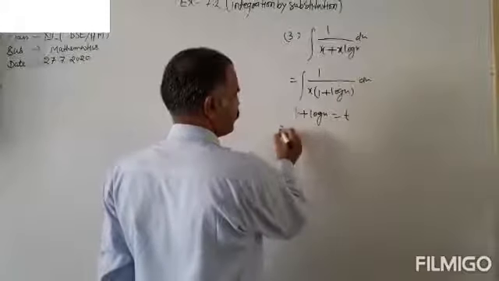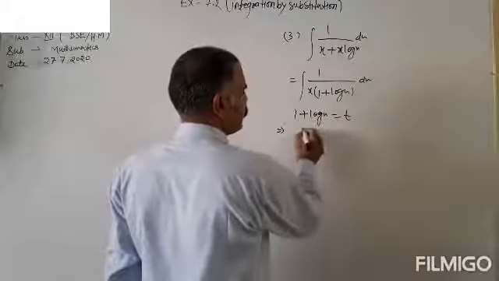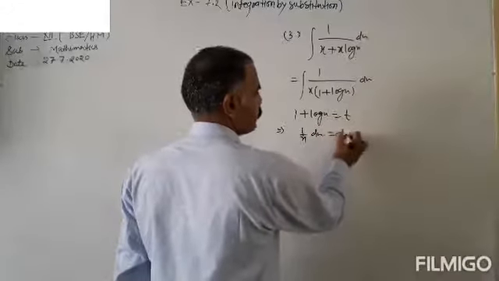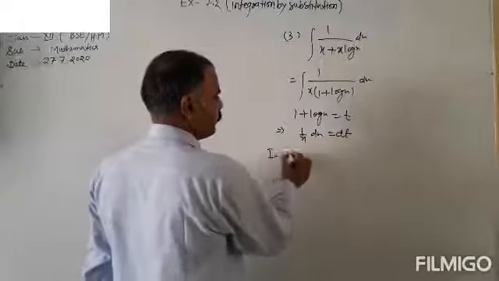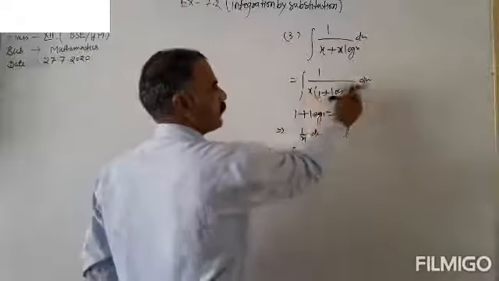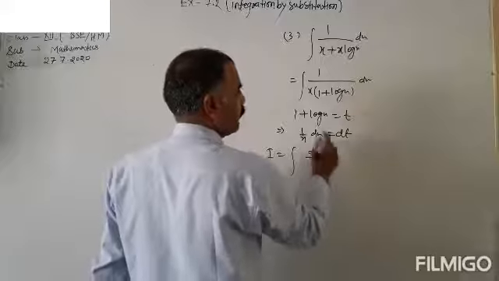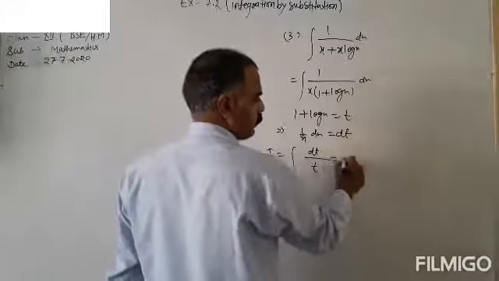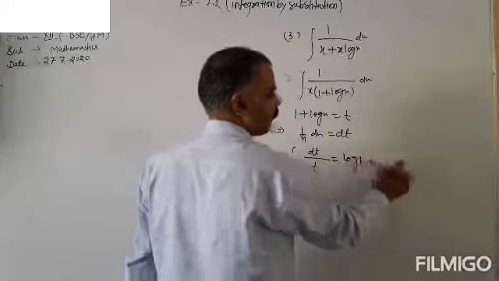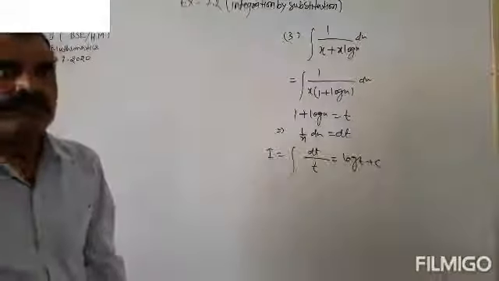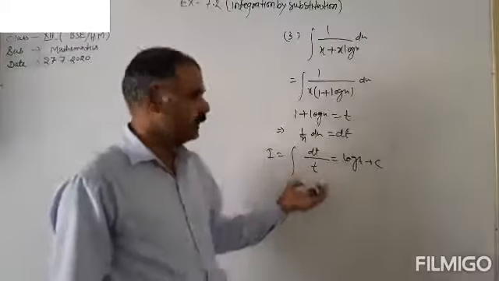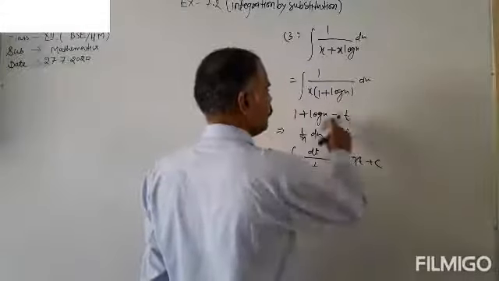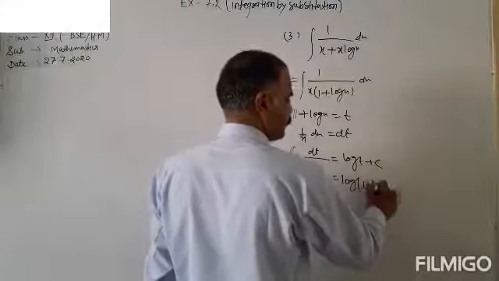Now differentiate this. Differentiation of 1 is 0 and differentiation of log x is 1 upon x, so 1 upon x dx equals dt. So the integration will change to dt upon t, which is log t plus c. T means 1 plus log x.